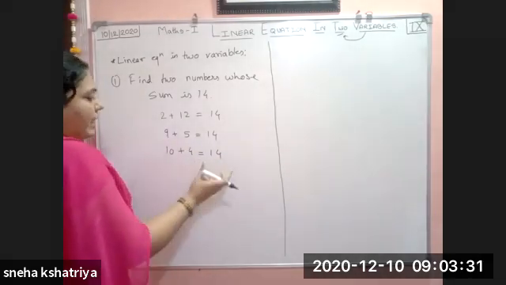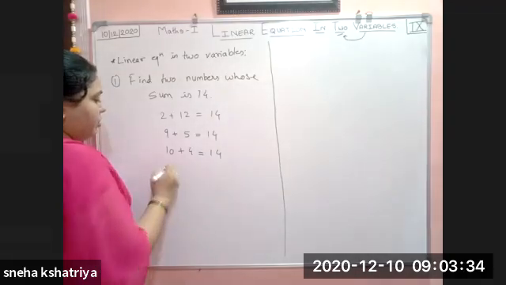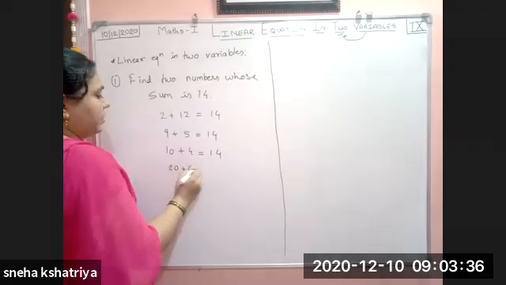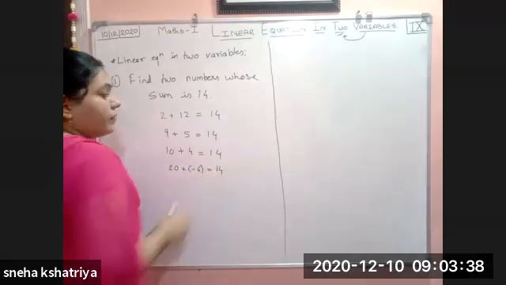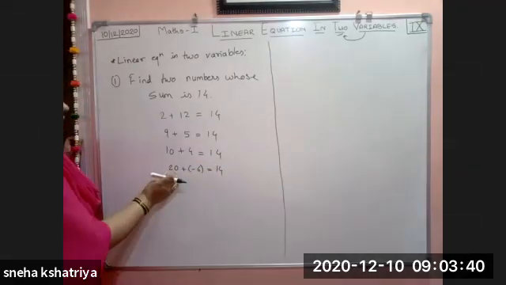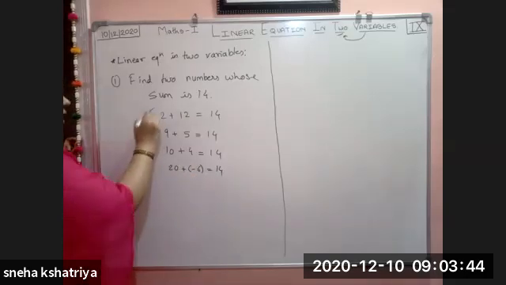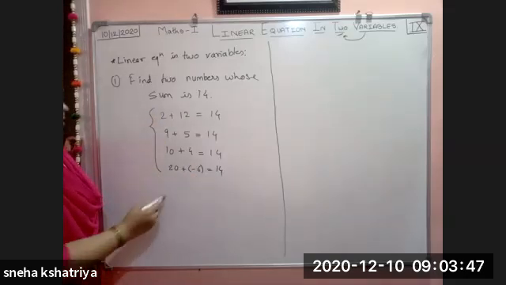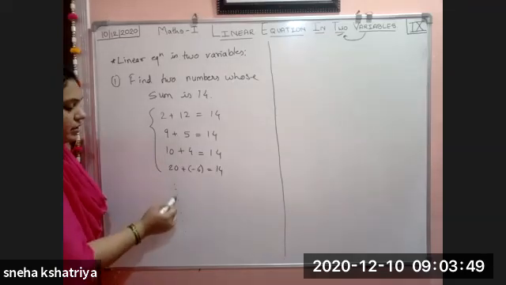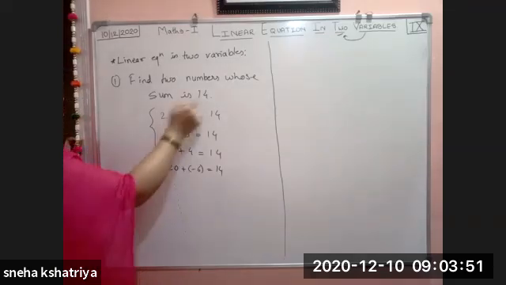These are kinds of additions. We can take subtraction also. 20 minus 6 is also 14, right? So there are multiple solutions for this given question.